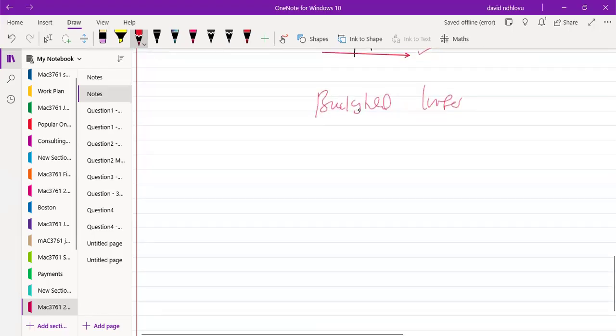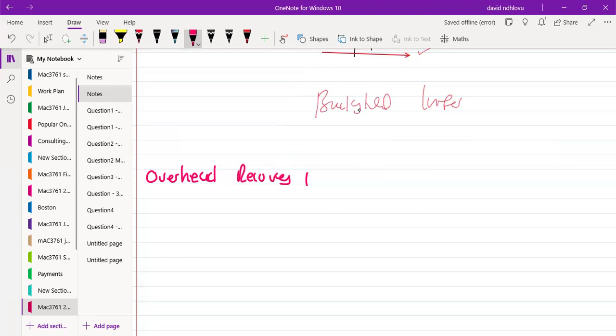So what we then do, we compile what is called the overhead recovery rate. It is also known as the overhead allocation rate. So any of these terms can be utilized.